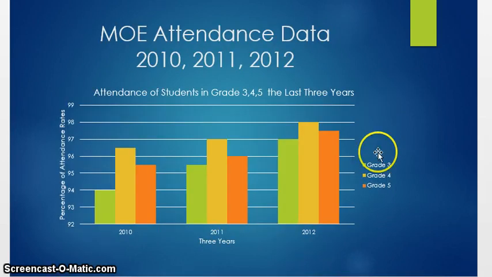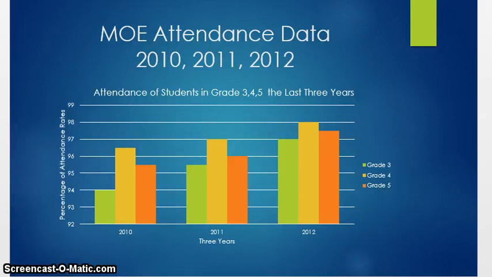Here's one comparison of attendance data for the last 3 years for grades 3 through 5 at Manning Oaks Elementary School. You'll see that the attendance for grade 3 years ago was the lowest of all 3 years.